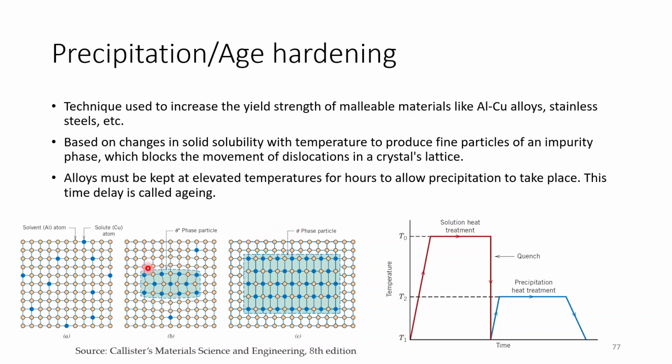These are the precipitates that have formed. Any movement of dislocation will then be hindered by these precipitates, and this is the heating cycle used for precipitation hardening. Firstly you have to provide solution heat treatment, and then after quenching you provide precipitation heat treatment.